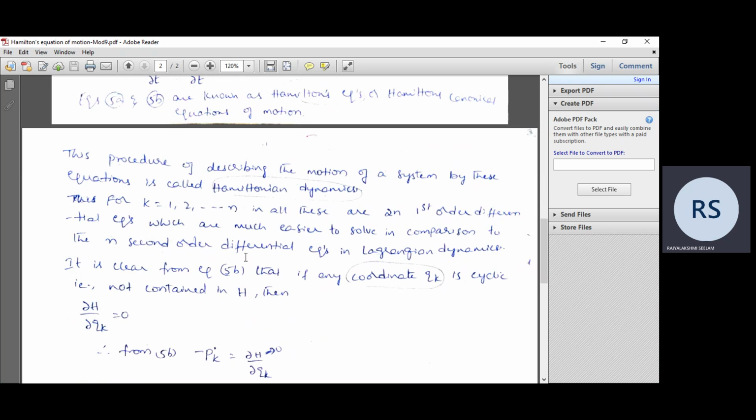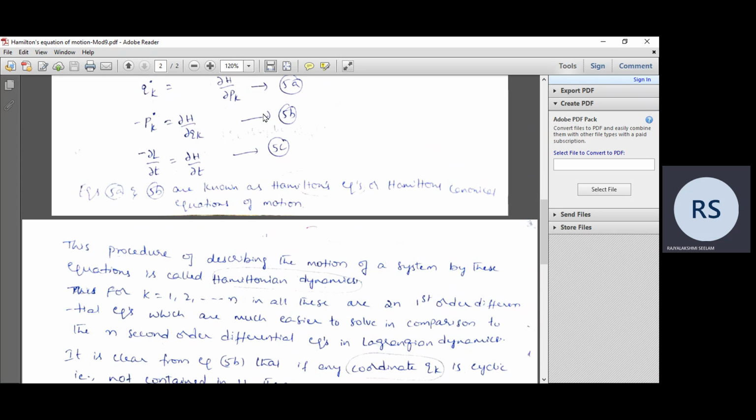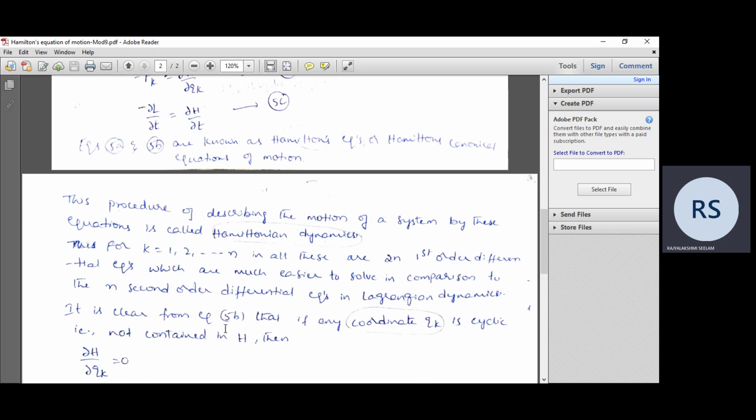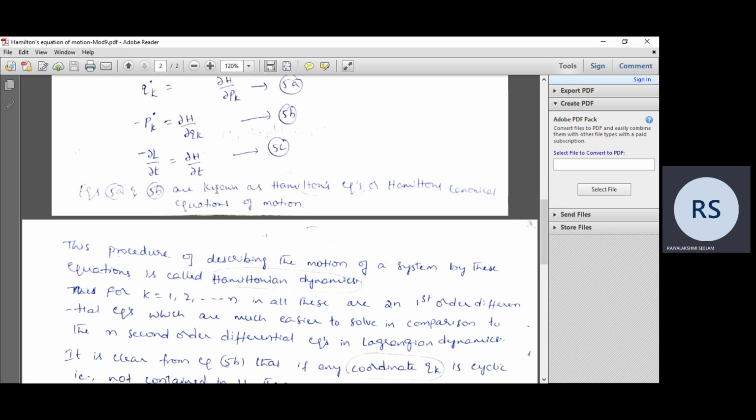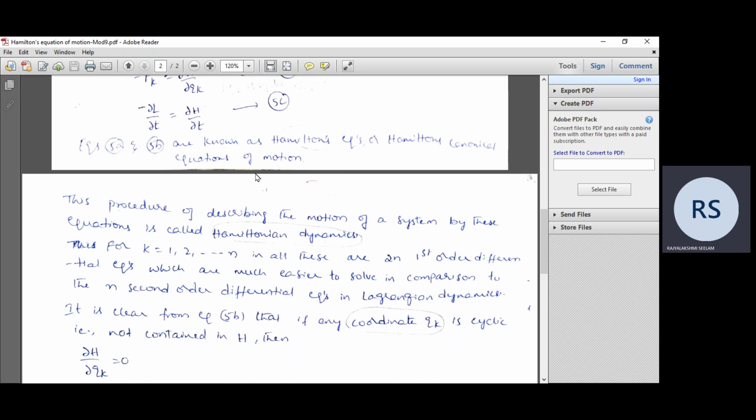So it is clear from equation number 5b that if any coordinate qk is cyclic, that means not contained in H, then what will happen? Dou H by dou qk becomes 0.